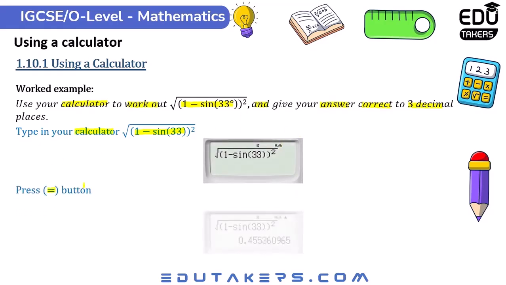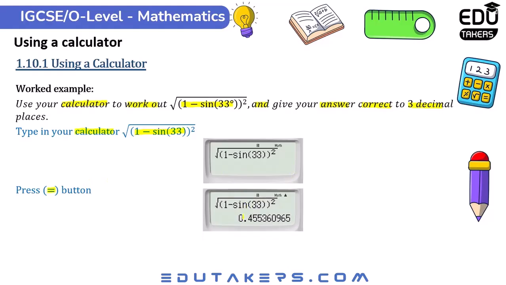Then press the equal button. So the answer is 0.455360965. We have to give the answer correct to 3 decimal places. So by using the appropriate rule, just round this number. So it will be 0.455.